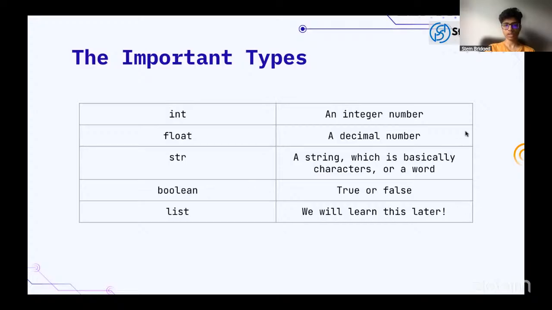A Boolean is just true or false, one of those values. And a list, we will learn more about that later. A list is basically like a bunch of values in one variable, but we'll get to that later.